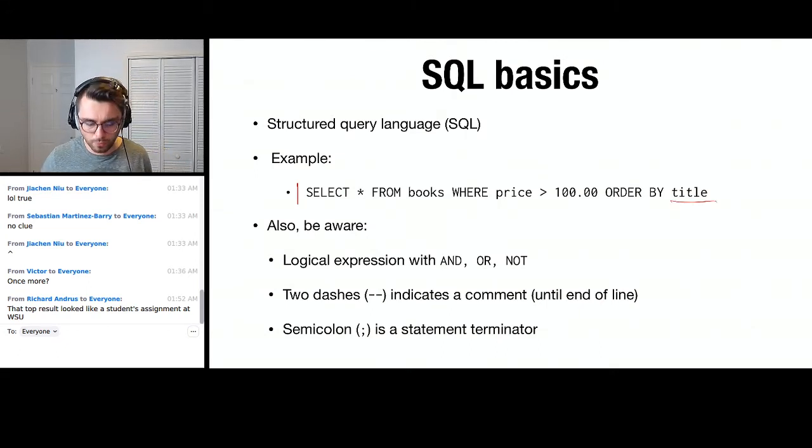We can perform these kinds of where clauses that can have different kinds of logical expressions. So we can use and, or, not. And for our attack, the things that we care about is that dash dash is a comment, and semicolon terminates statements.